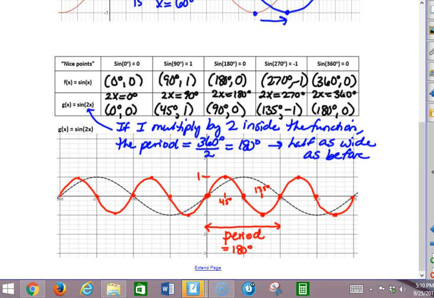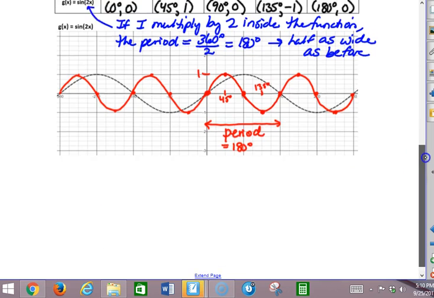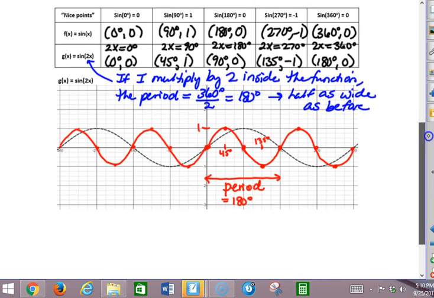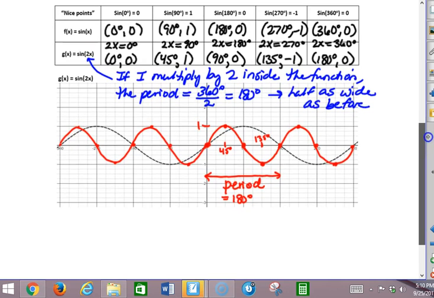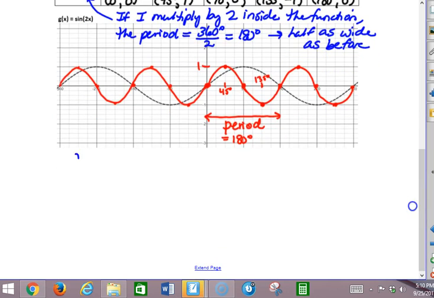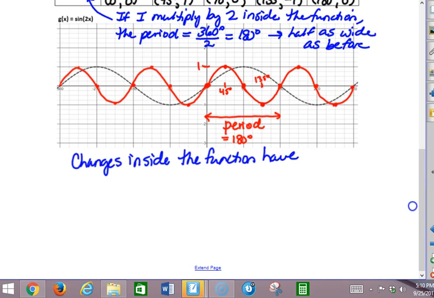So if you think about what happens with things inside the function versus things outside the function, what we notice is that changes inside the function have the opposite effect as changes outside the function.